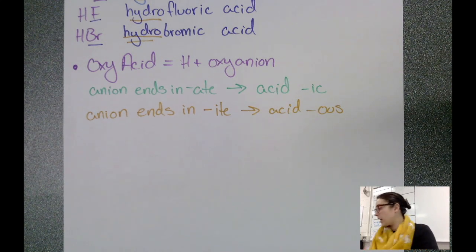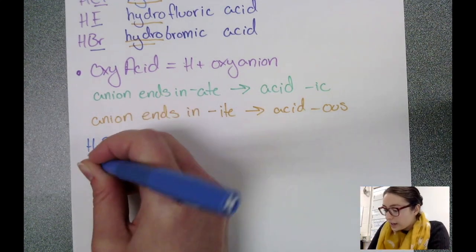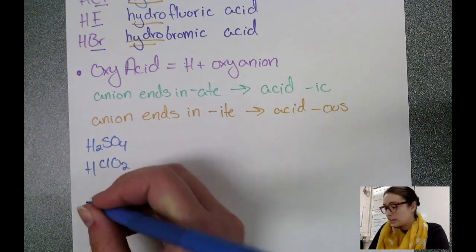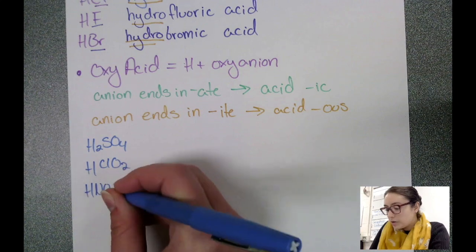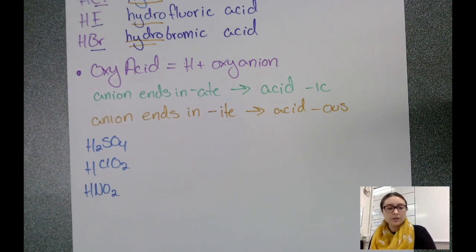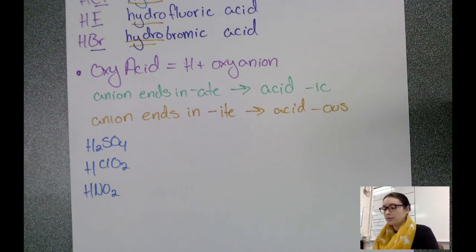So let's say we've got H2SO4, HClO2, let's say, HNO2, these ones. So if we look at this, first thing I'm going to do is identify the anion.